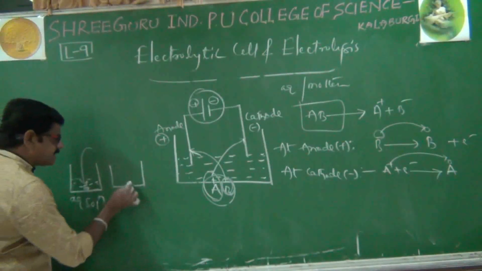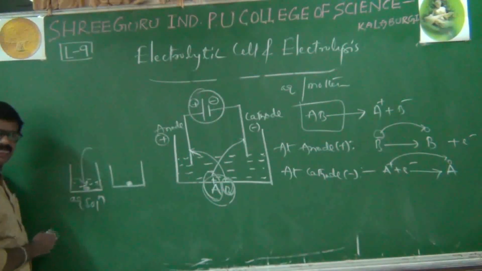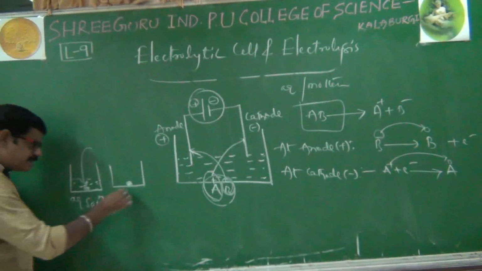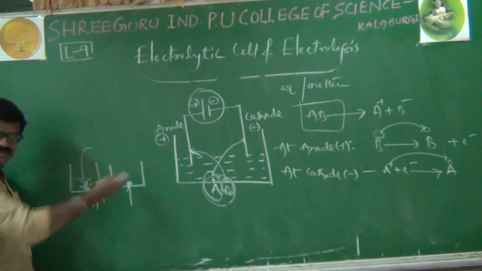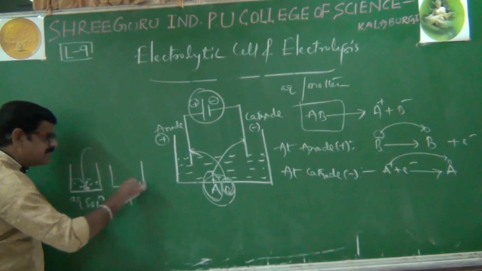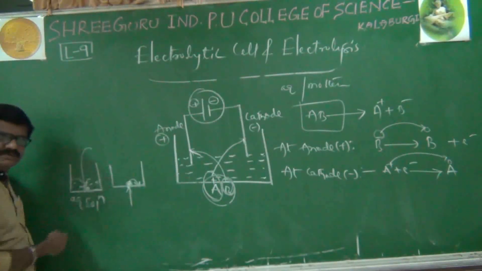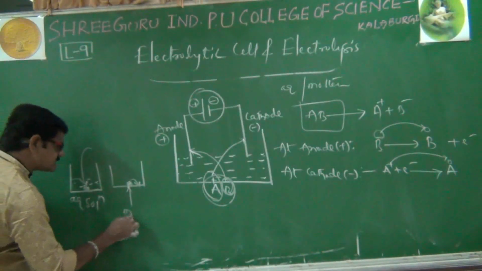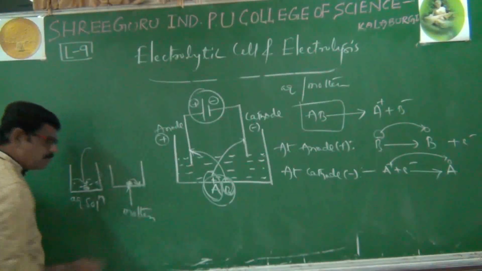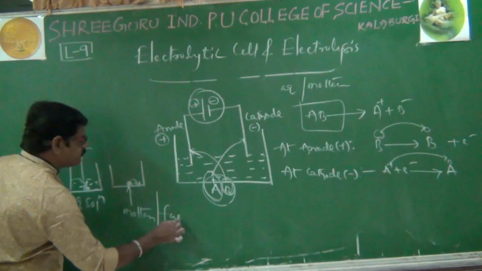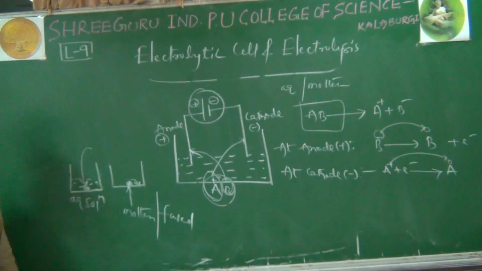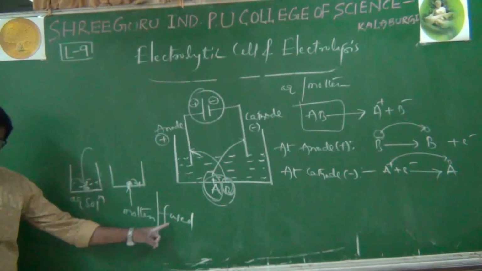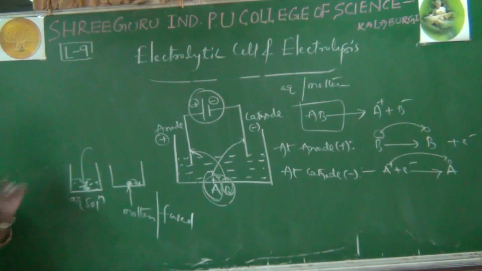And in the second container, the same salt is taken, and I am not adding any water. If you heat it to some extent and the salt melts, it also converts into a liquid state. That liquid is called the molten state. Molten is also called the fused state. Both are the same: molten state or fused state, versus aqueous state or aqueous solution.